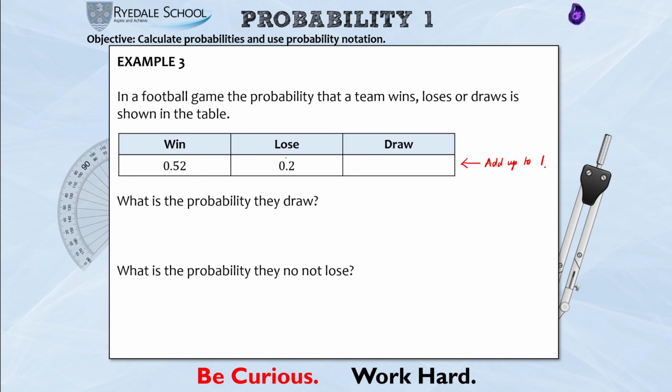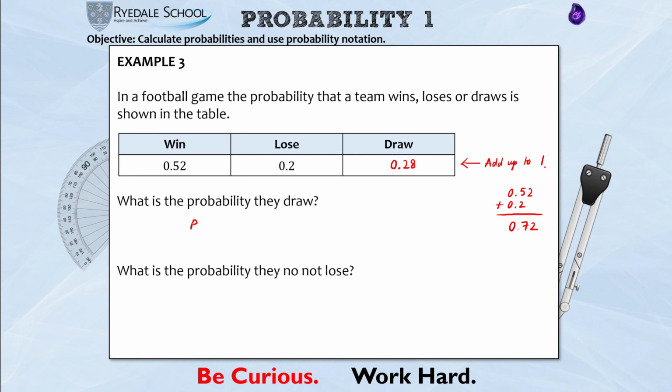Well, I already know that these add up to 0.72, 0.52 plus 0.2, 0.72. So what is left to add up to 1? Well, that would be 0.28.